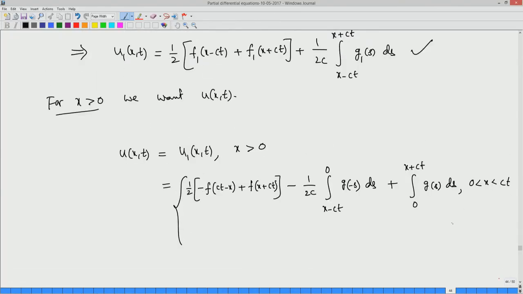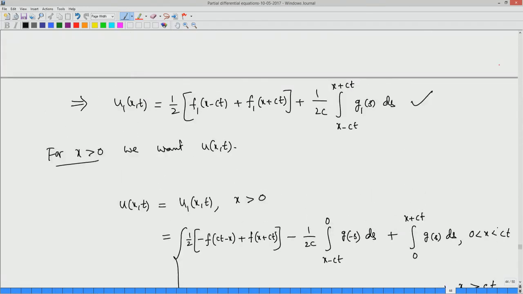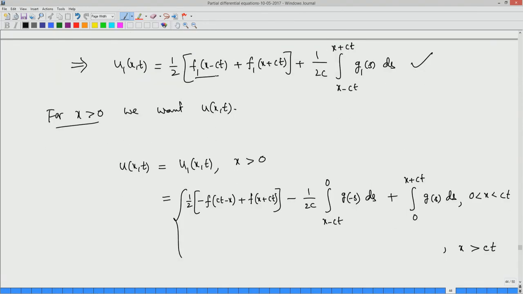Now what is left is the x positive side, where x is greater than ct. When x is greater than ct, f1 is always positive, and this is also always positive. So you can simply write as usual f of x minus ct plus f of x plus ct, and also 1 by 2c integral from x minus ct to x plus ct of g of s ds.